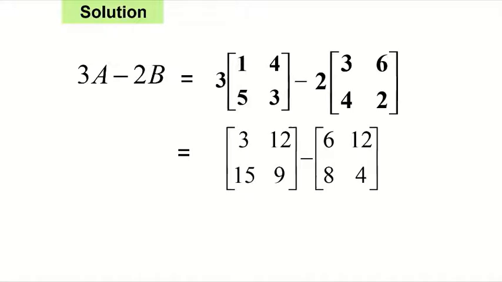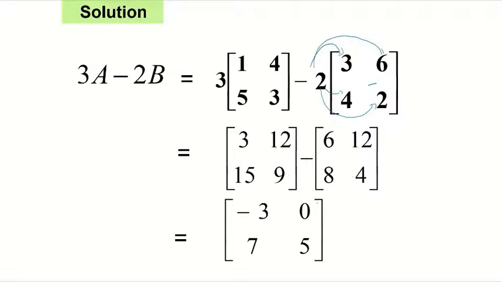All the entries of A must be multiplied by 3, and all the entries of B multiplied by 2, so you have 6 12 8 and 4. Then you subtract one by one with the matching positions. 3 minus 6, 12 minus 12, 15 minus 8, and 9 minus 4. So you have this answer.